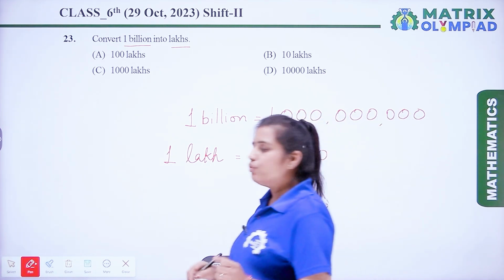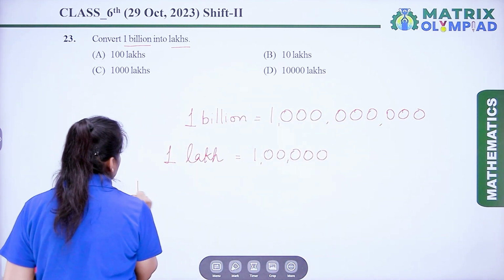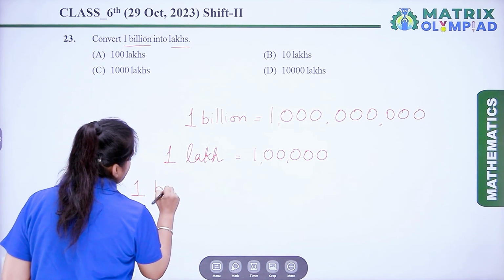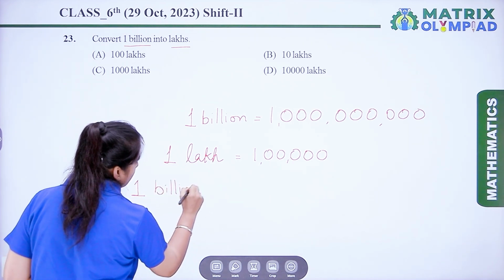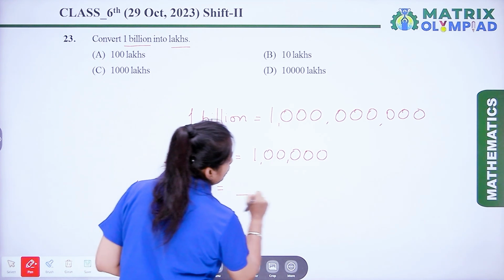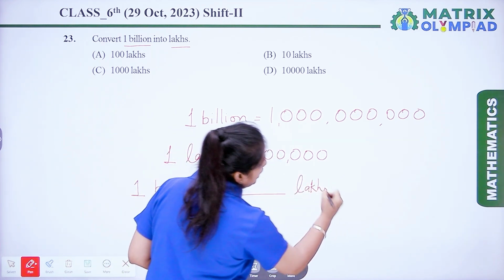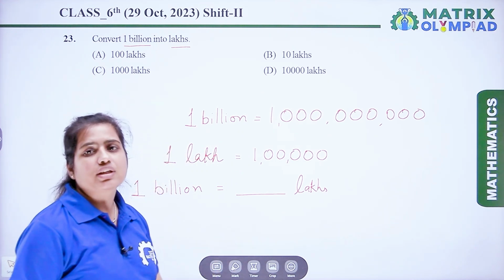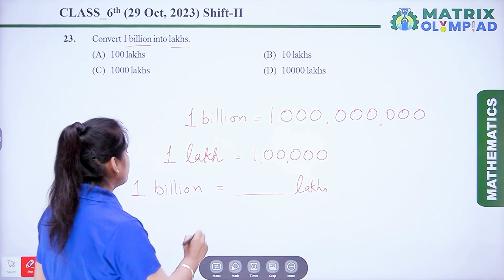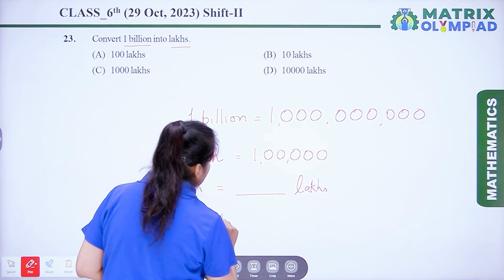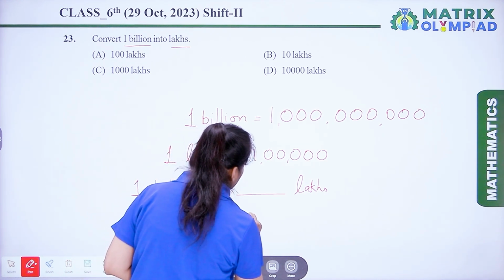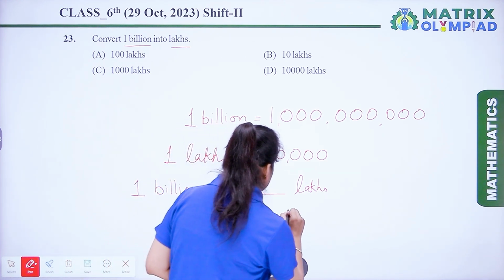Now we have to convert 1 billion into dash lakh, and we don't know how many lakhs are required to make this 1 billion. So we will simply multiply.